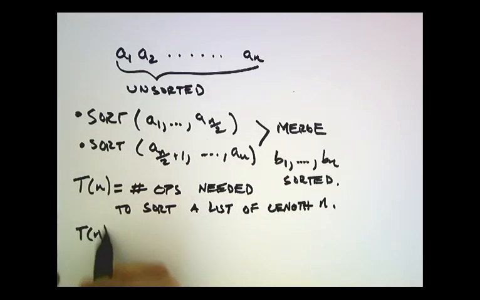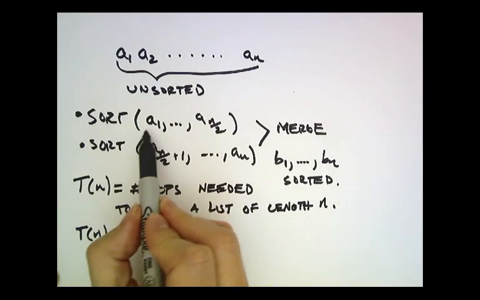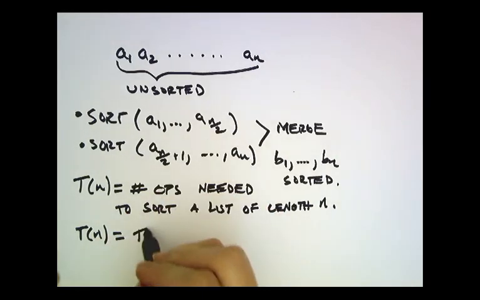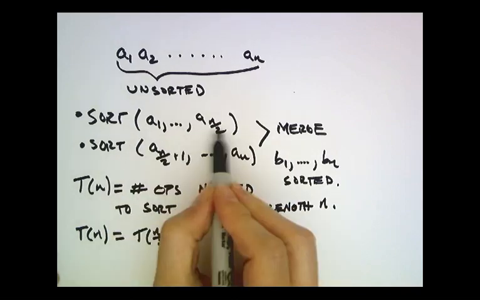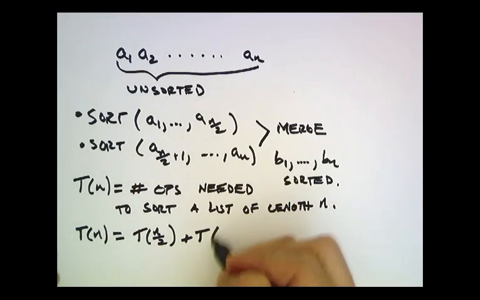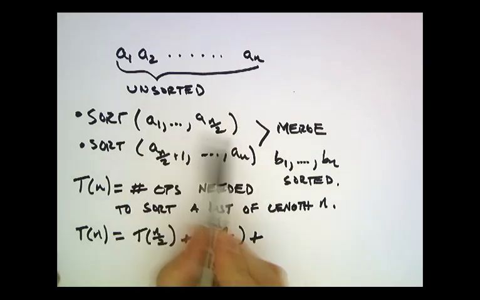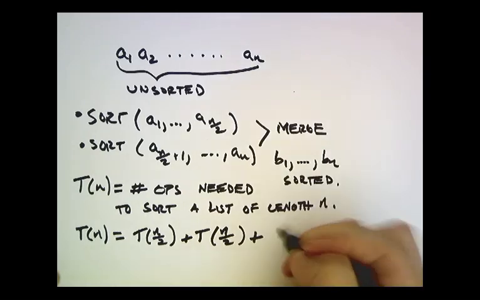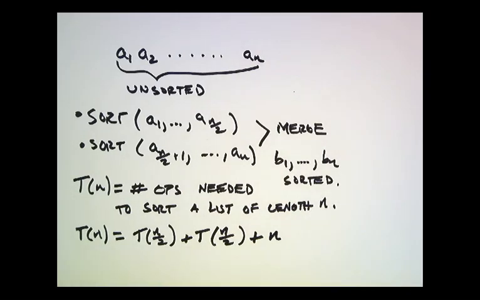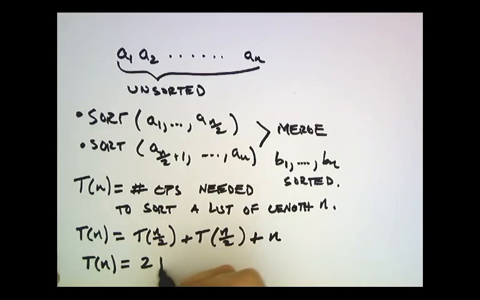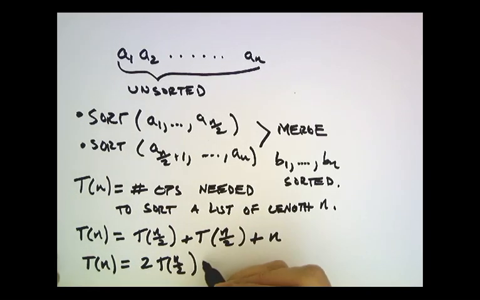Well, from the above description of the algorithm, we have to do T of n over 2 work to sort the left half, plus T of n over 2 work to sort the right half. And then we have to merge these two sorted lists. But as we just said, if you have two sorted lists and they comprise n total elements, it takes time n to merge them. So we're left with the recurrence T of n equals 2 times T of n over 2 plus n.